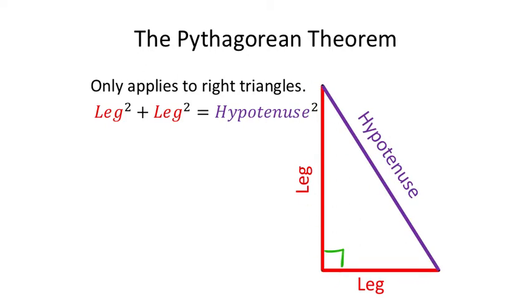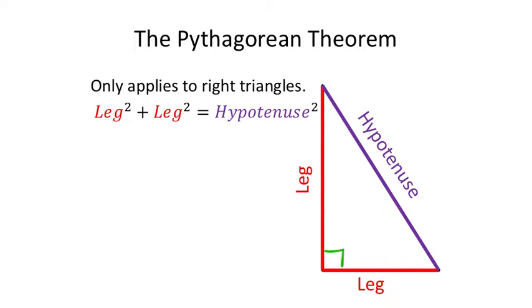The other side, and I kind of look at the 90-degree angle like it points at it, it's pointing at the hypotenuse. And yeah, there's a Key and Peele skit that goes over it, it's pretty good. But if you take those two legs and square them, add them together, boom, you get the hypotenuse squared.